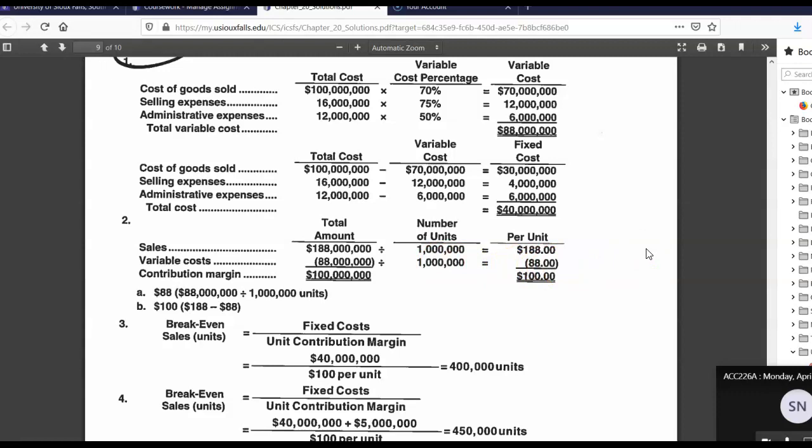Sales minus the variable costs, or $100. So letter A, what's the unit variable cost? Unit variable, $88, that's right here. And then letter B, what is the unit contribution margin? 188 minus 88 is $100.